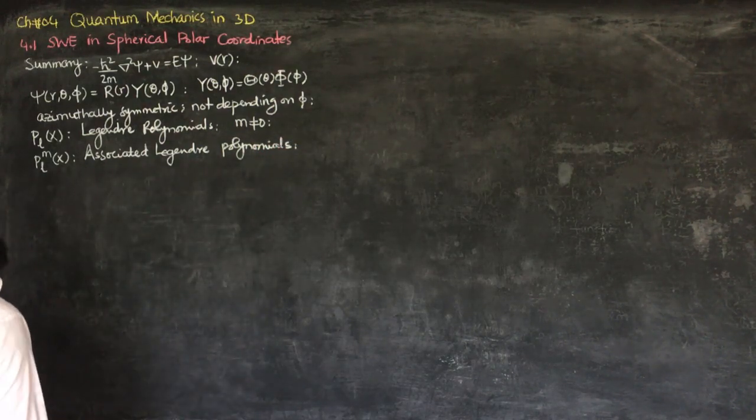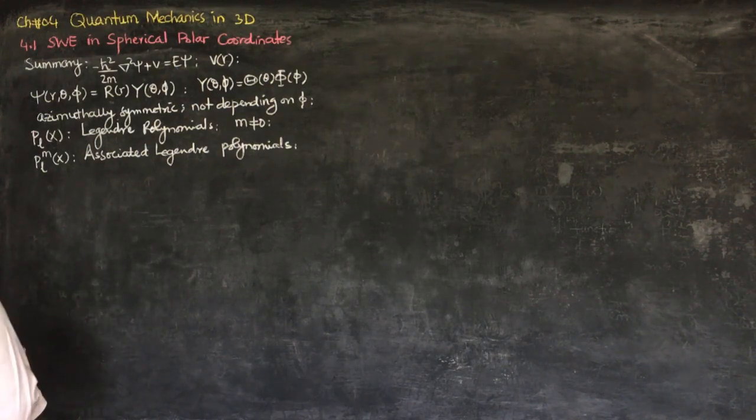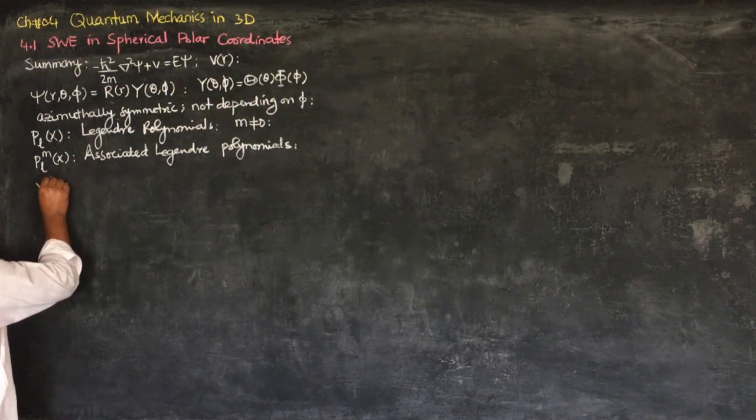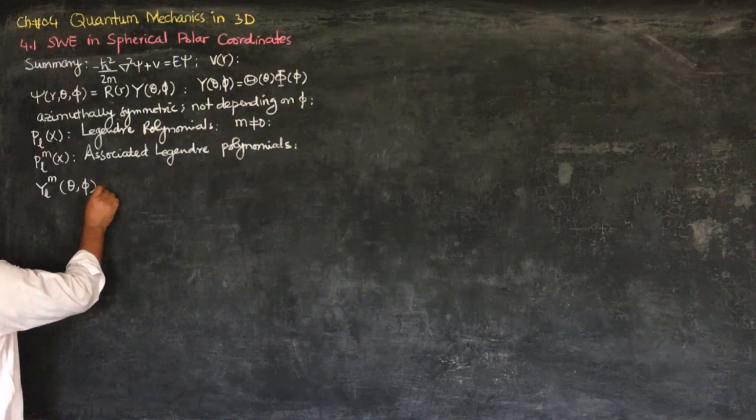And when we were discussing the φ-dependent portion, our solution was e to the power imφ, and finally the solution we got was in terms of the spherical harmonics.